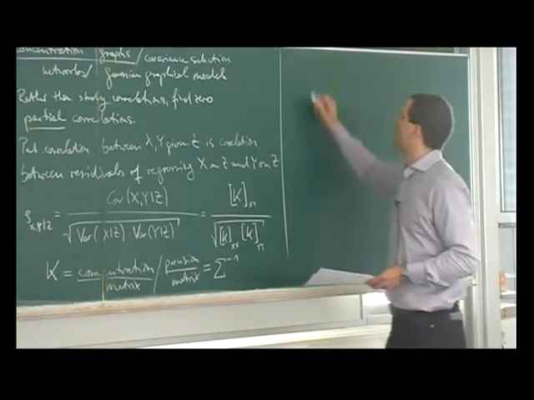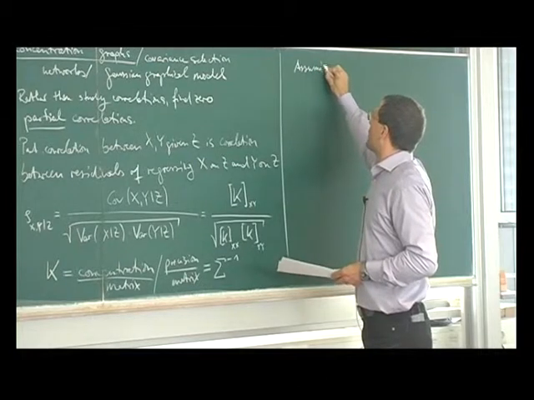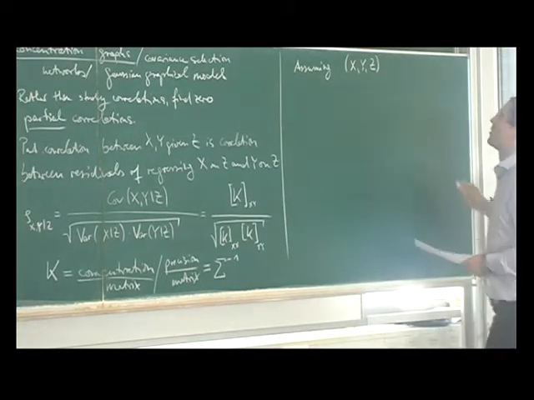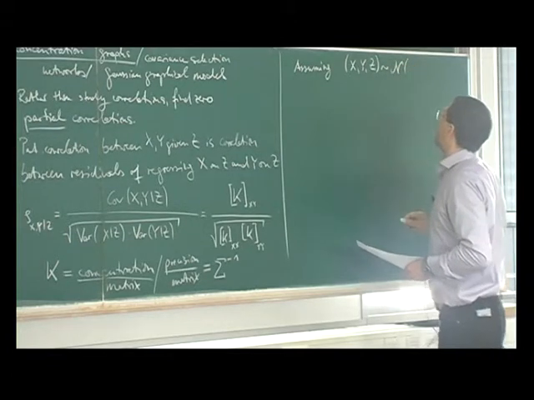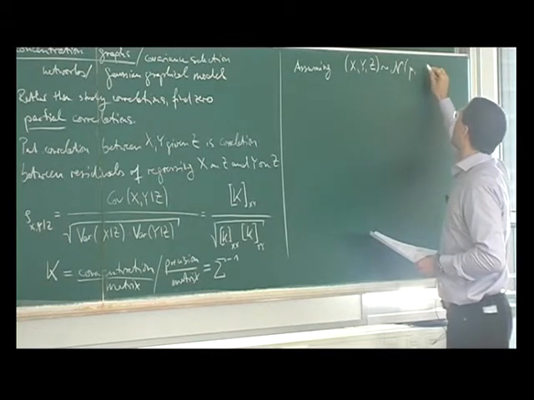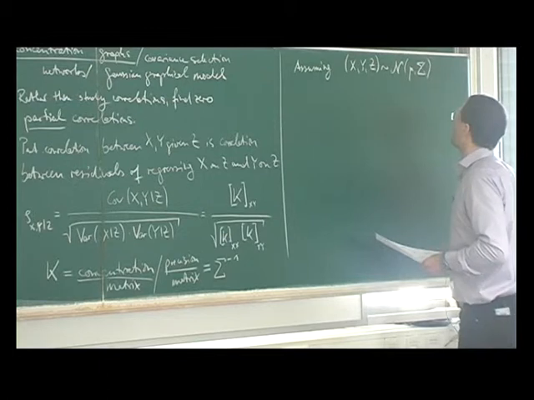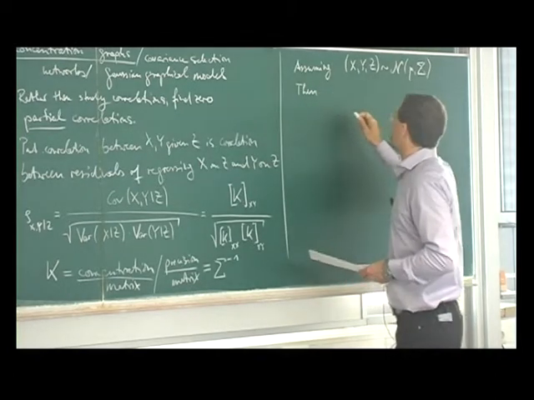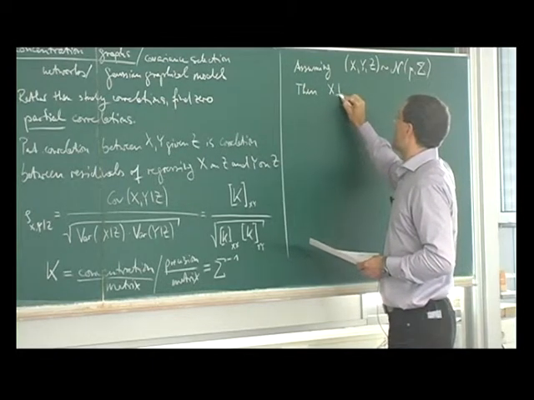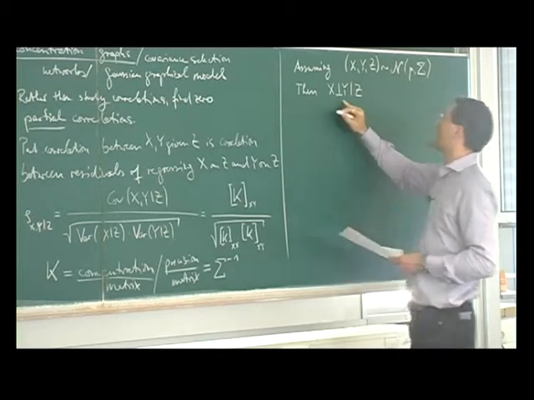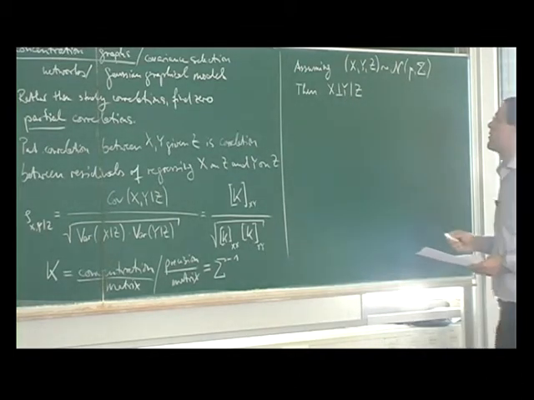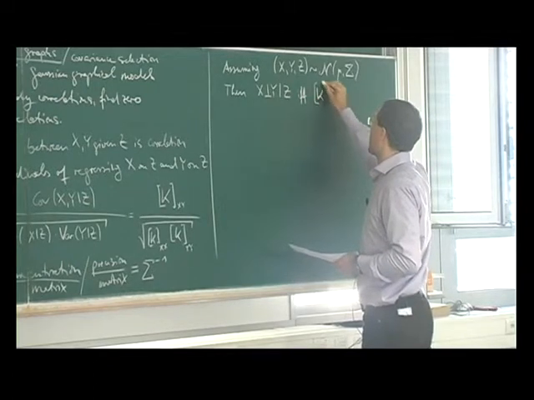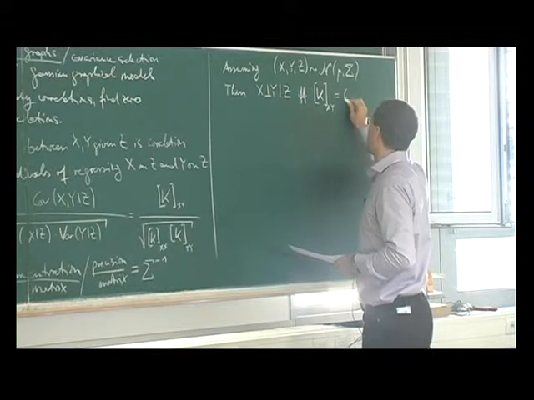So if you assume that your data is multivariate Gaussian, so if x and y and z, which can be a set of random variables, are jointly normally distributed with some mean and some covariance matrix, then x is conditionally independent of y given all the variables in Z, if the element xy of your precision matrix is 0.